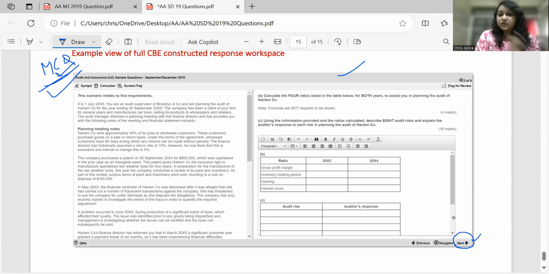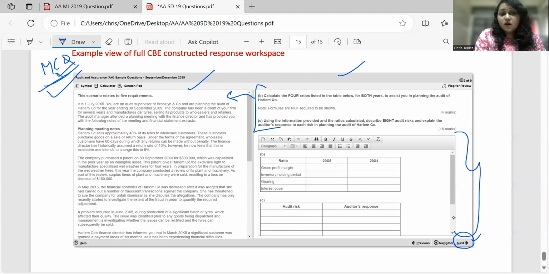So that is for section A. Section B is where it can be a 30 mark question and 20 marks questions. So your scenario appears here, and these are the questions based on this scenario. This is your working space. In this, you have to write your answers.